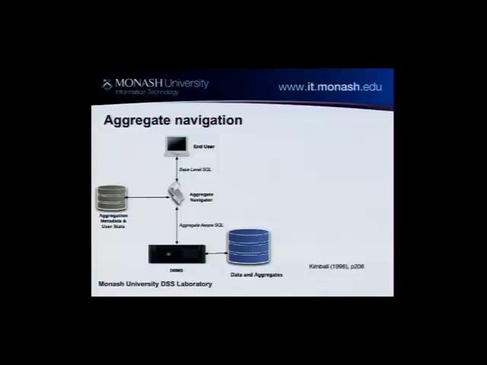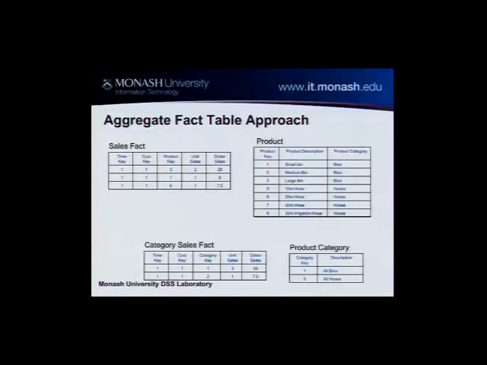So if I just go back, running a sum against the sales fact table requires adding up 3 values. Running that same calculation against this table gives exactly the same result, only has to hit 2 values.